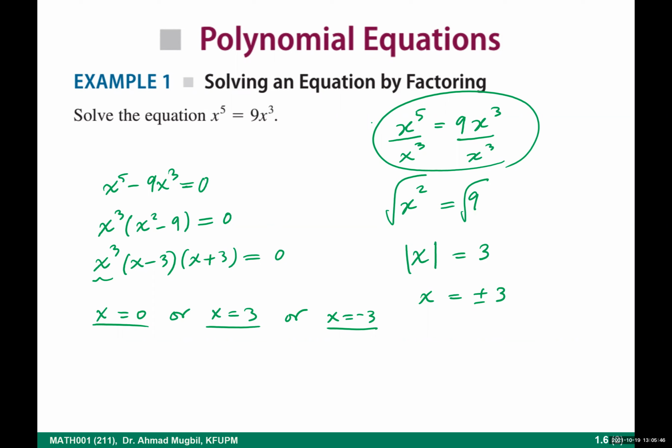You are looking for x. You are looking for the values of x that make this equation true. So you are seeing here that the only values that make this equation true are 3 and negative 3. But indeed, 0 also is a solution. Look, when you put x equals 0, you will get 0 equals 9 multiplied by 0, so it is 0.